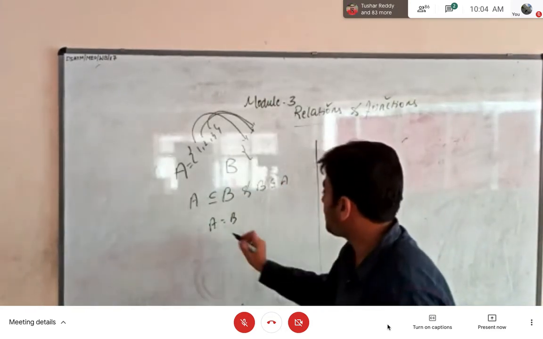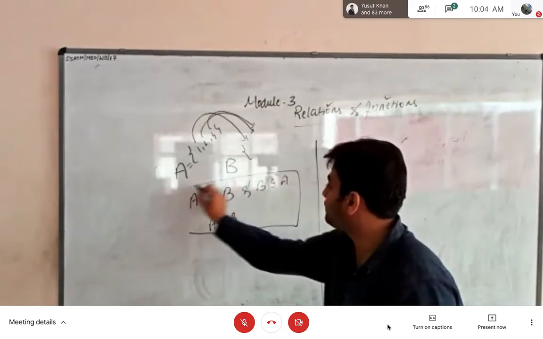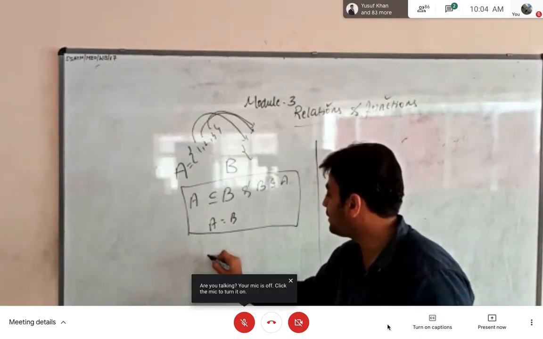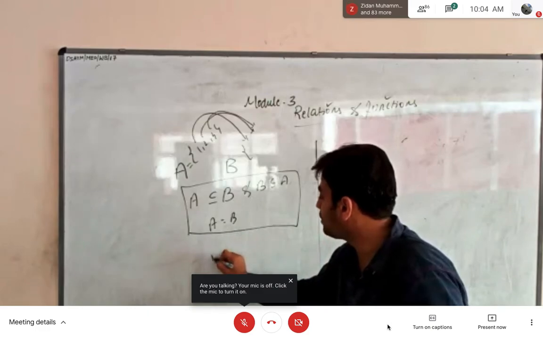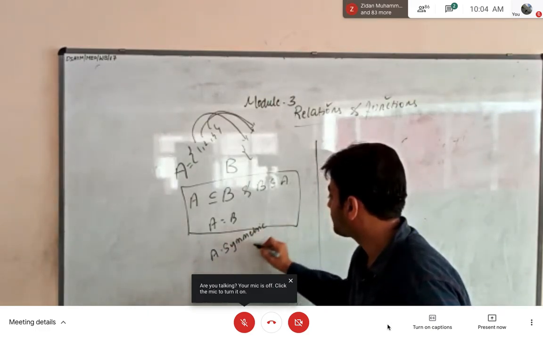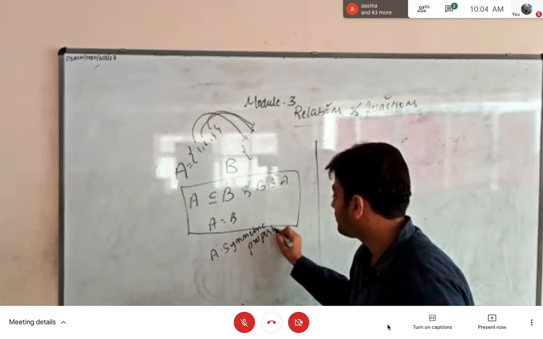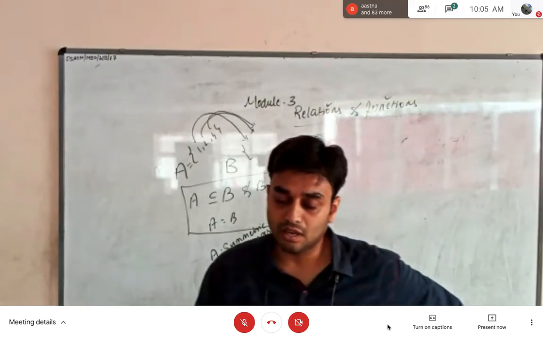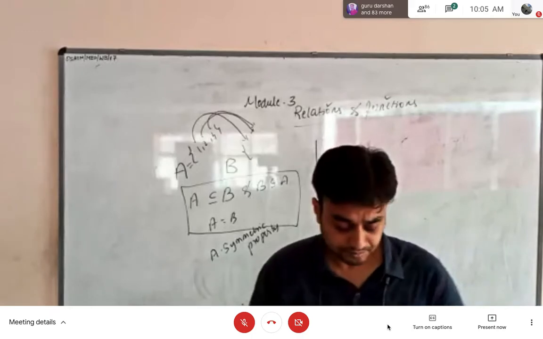Correct, right? So this kind of rule, we can call it the antisymmetric property. Fine, right? So this will follow the antisymmetric property.